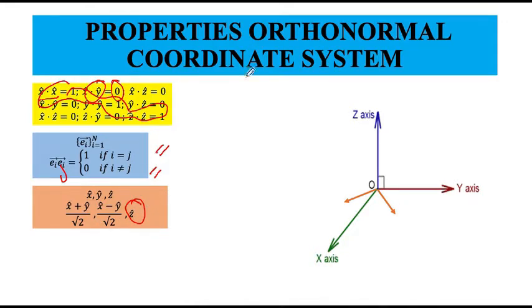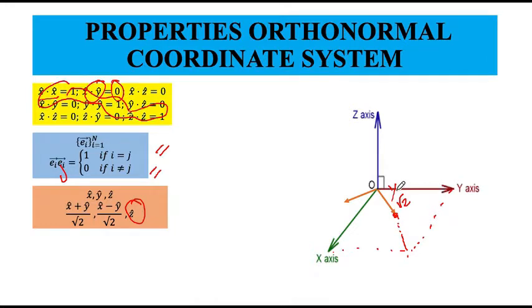So I go along the diagonal of the rectangle formed by x and y, but its magnitude is 1 by under root 2 times, so I don't go to full length.